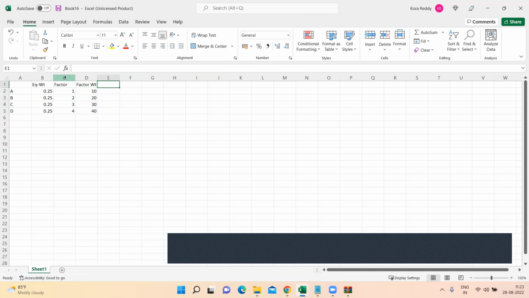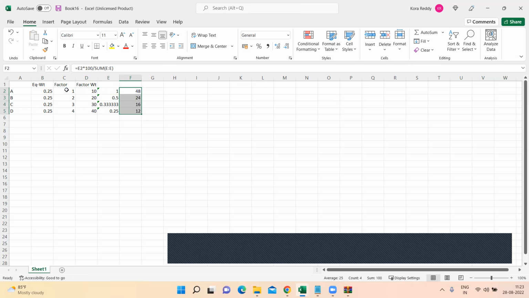I also can do an inversion factor. What do I mean by inversion? So I will just reverse it. So the bottom factor will get top weight and the high factor one will get lower weight.